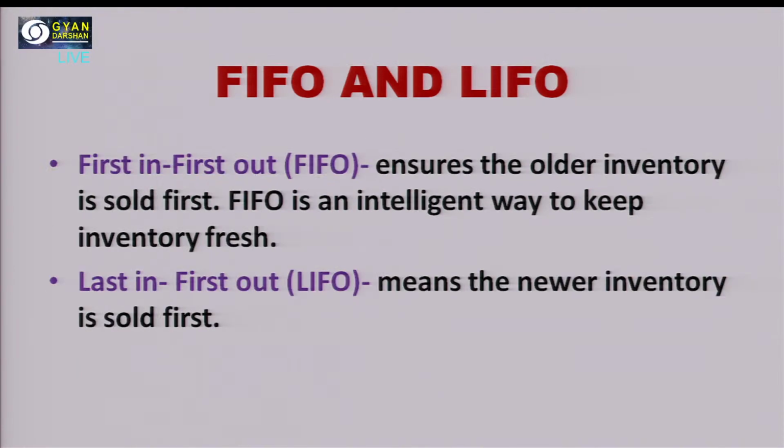That is called cross docking. Another inventory control technique is first in first out and last in first out. First in first out means old inventory is sold or used first, and then the fresh inventory is used later. The second technique, last in first out, means the inventory which comes in last will be issued first.